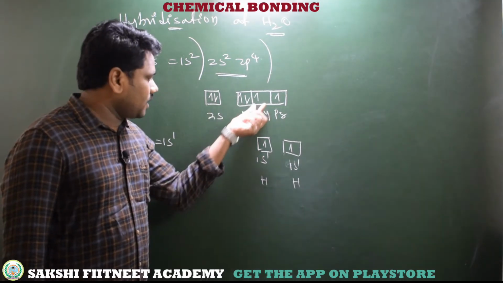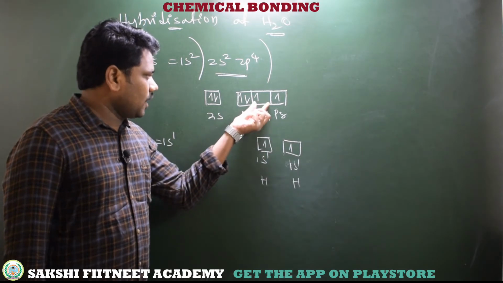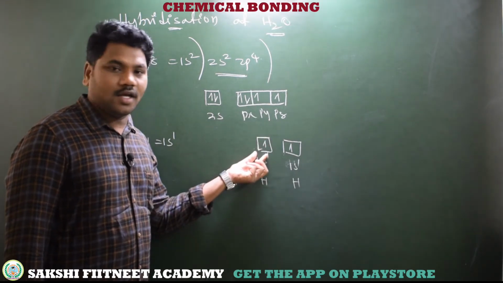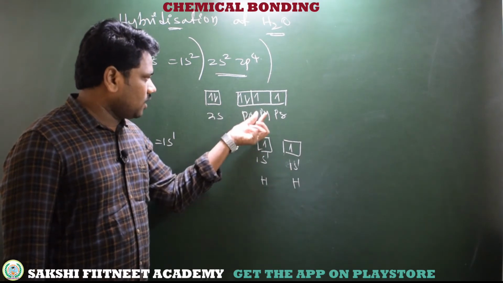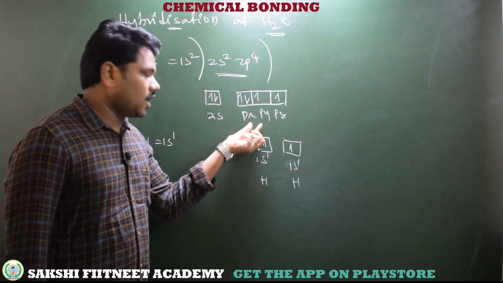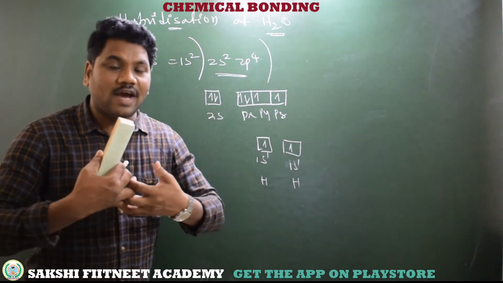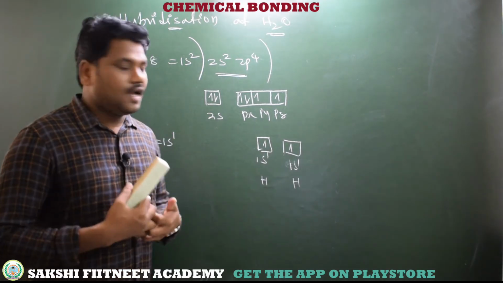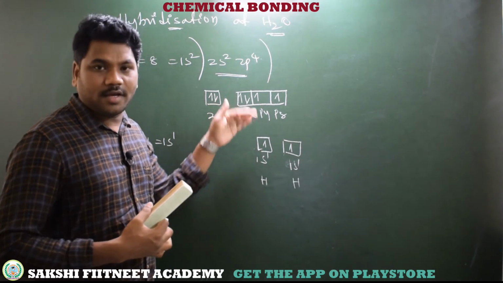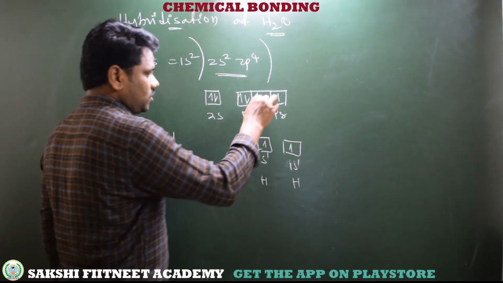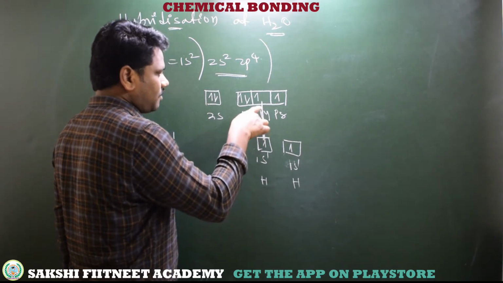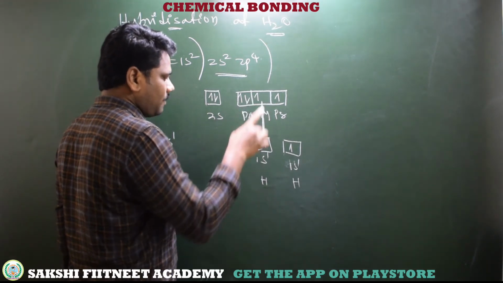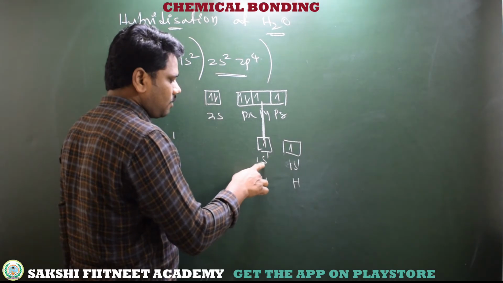These unpaired orbitals of oxygen and hydrogen overlap each other. That means the oxygen atom shares one electron and the hydrogen atom shares one electron, and by overlapping their valence unpaired orbitals they become a pair. That is called hybridization. See here, the py unpaired orbital overlaps with the 1s unpaired orbital of hydrogen.